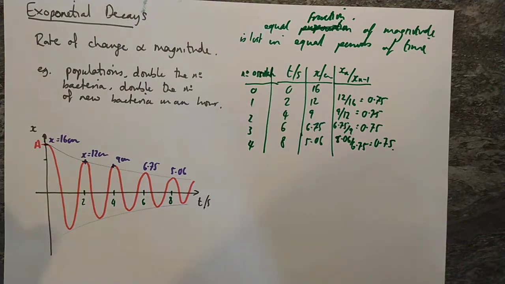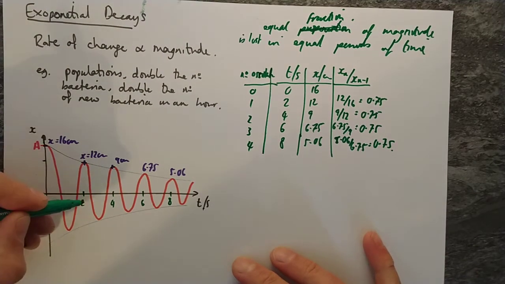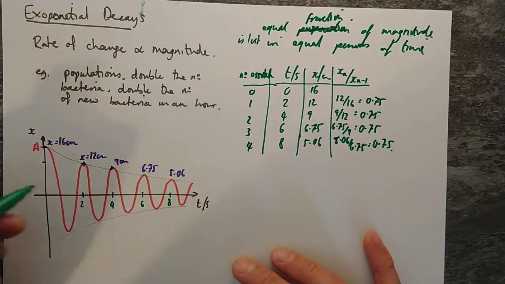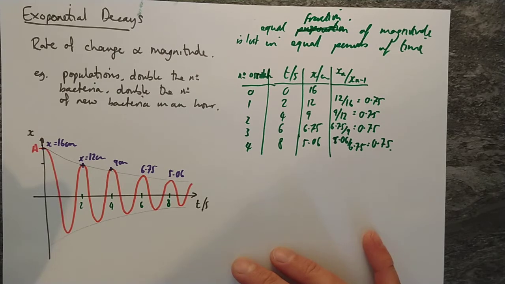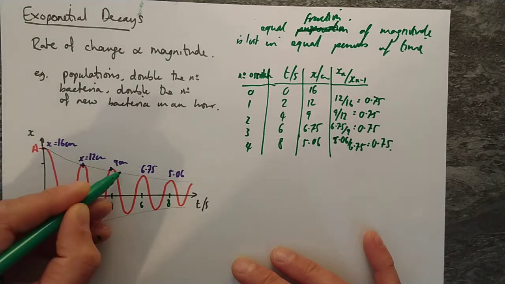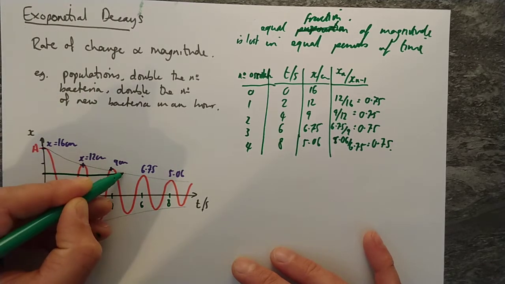Now, the other way of doing this is sort of do the reverse. So you look at equal periods of time, or rather you work out how long it takes to go down to a certain fraction. You might remember this from radioactivity, but I could do an example here where I ask, how long does it take to halve? 16 to half is 8.